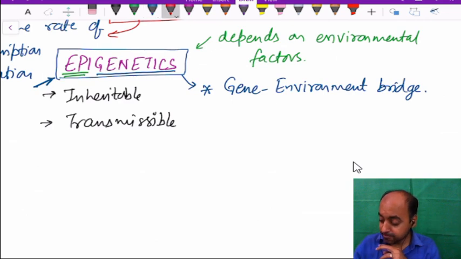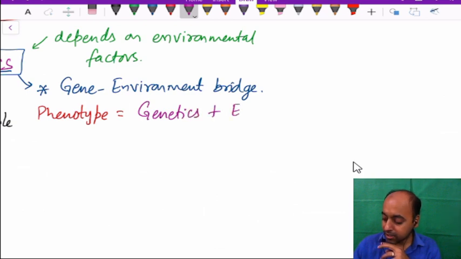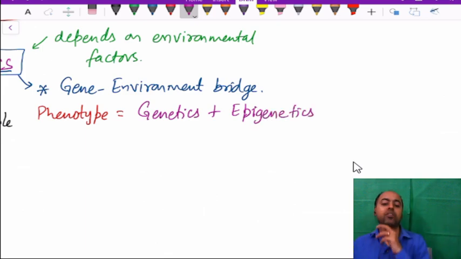This means that the phenotype, as we see, is a sum of genetics, what all genes are there, and epigenetics, what all genes are getting expressed and at what frequency.